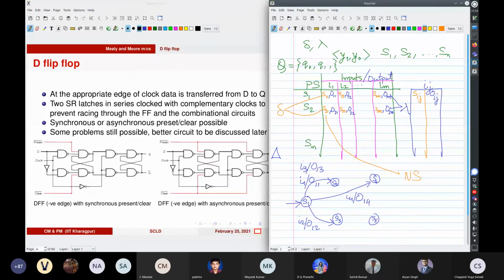So you have your next state, and here you have your output.